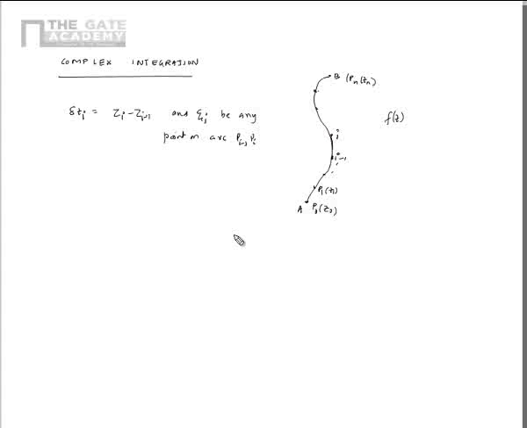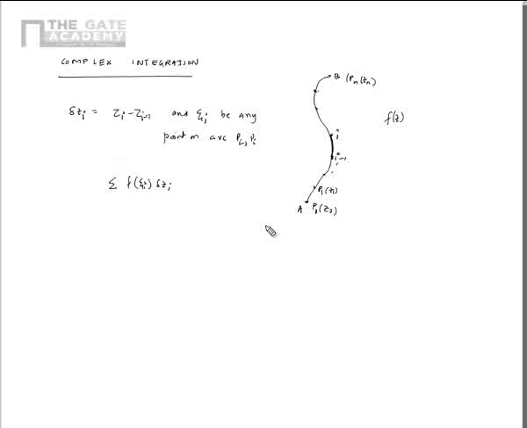On this arc, zeta i is any point. Now consider f of zeta i times delta zi. This is the function f of z multiplied with the difference in the complex numbers at the i and i minus 1 points.